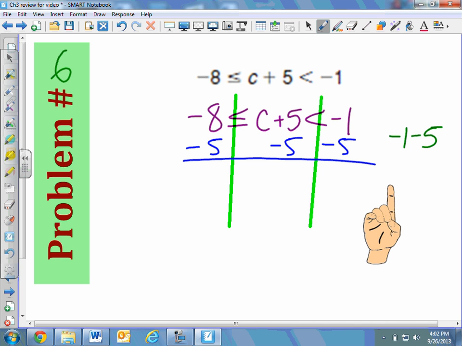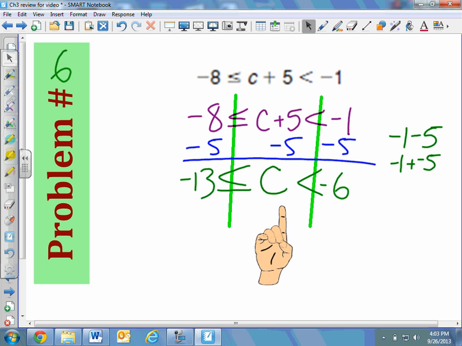And then do your whole keep, change, or do the do, whatever helps you. I'm going to use that. That's going to be negative 6. Greater than sign the c, and then the less than or equal to here. Let's see, negative 8 minus 5 is going to be negative 13. Okay, so here's your answer.